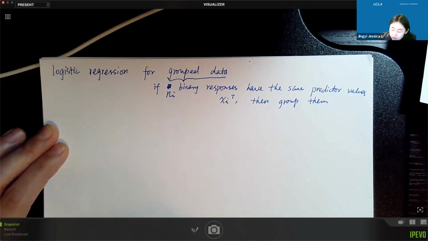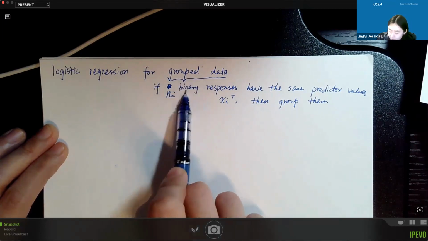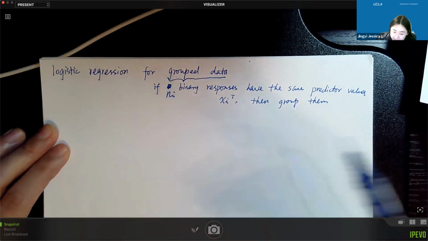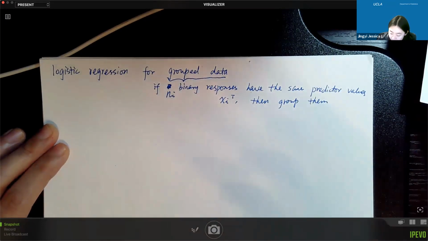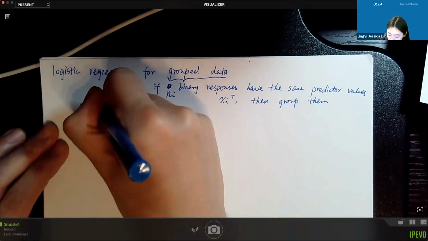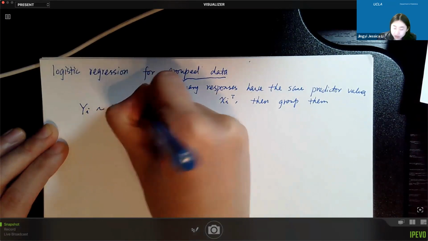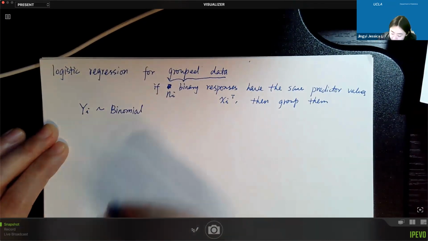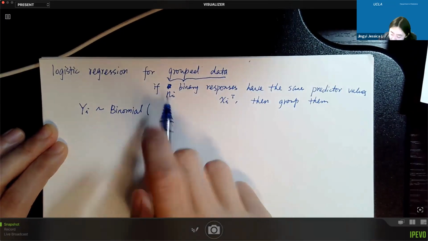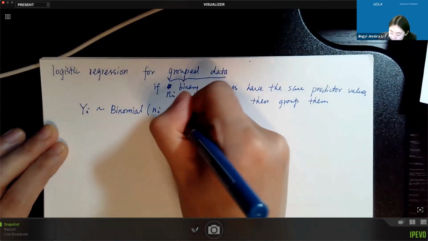Because basically they mean the same thing in my matrix and they do not contribute to the row rank. So I just combine them into one row, and I add up these people's binary responses and call that yi. Therefore, yi follows a binomial distribution with a total of Ni people, and the success probability is still pi i.